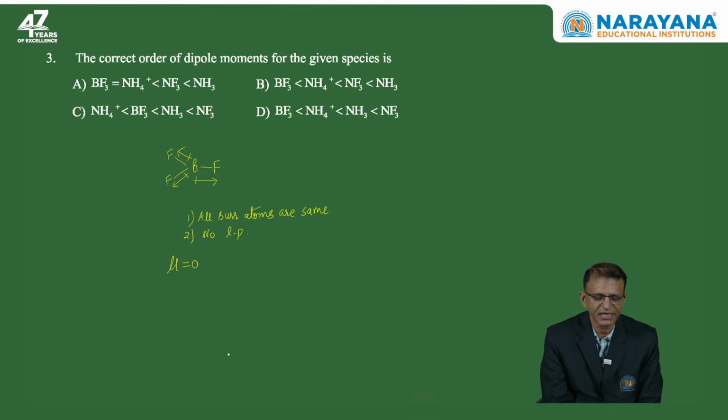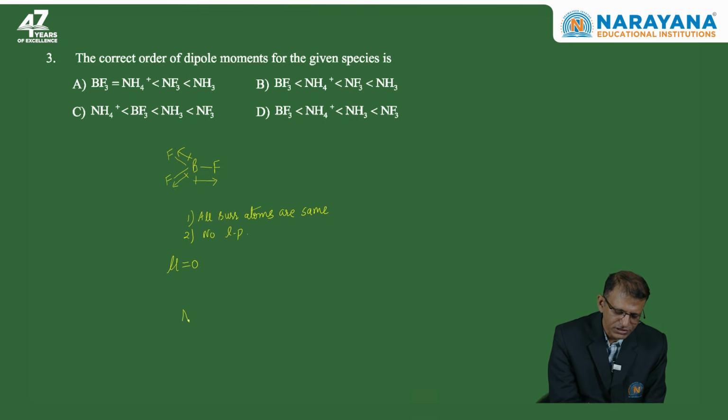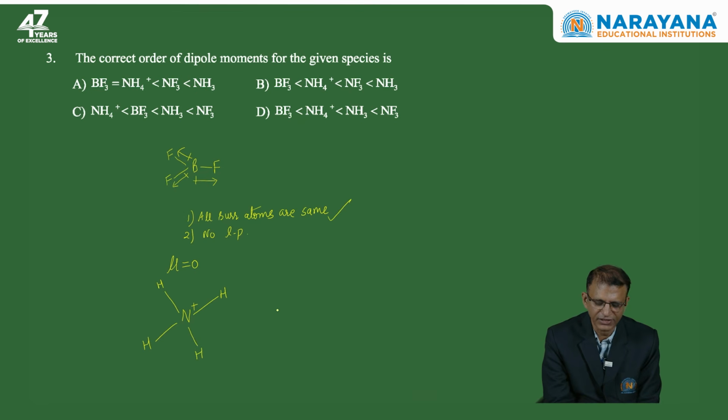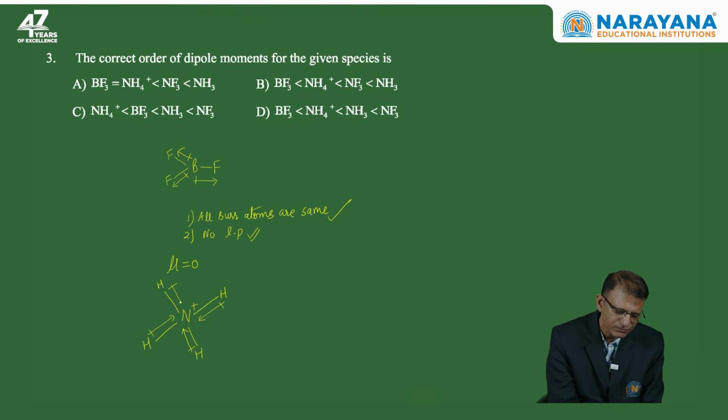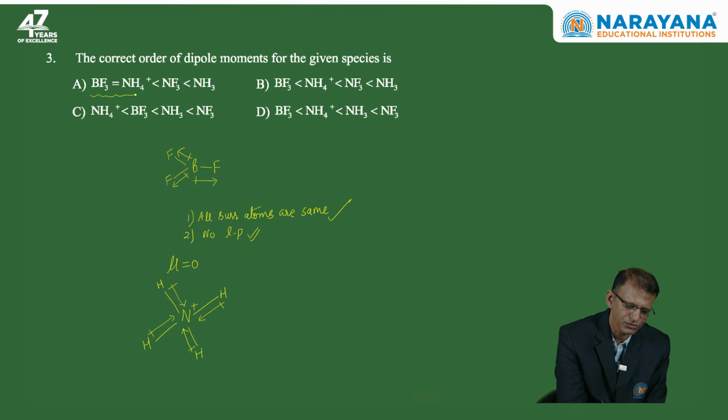The same concept I can apply for the second option, because the positive charge is on the nitrogen atom and there are 4 hydrogen atoms attached to it. Again, all the surrounding atoms are the same, and there is no lone pair on the central atom, right? So because of symmetry, these dipole moments will cancel out each other. So the dipole moment of NH4 plus is equal to the dipole moment of BF3, and that is equal to 0.